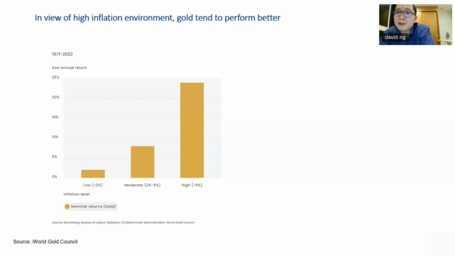So again, I think a high inflation environment is quite beneficial for gold in general. In a way, gold is also well supported because of the high inflationary environment they are seeing, whether in the US or pretty much around the globe. So that's also giving a bit of support in terms of gold prices.